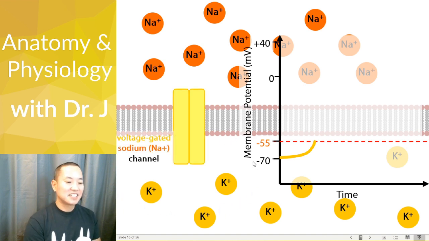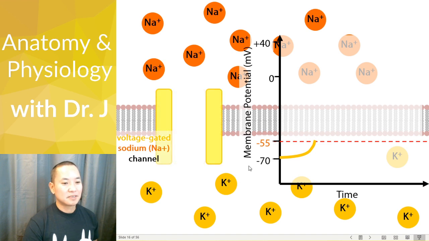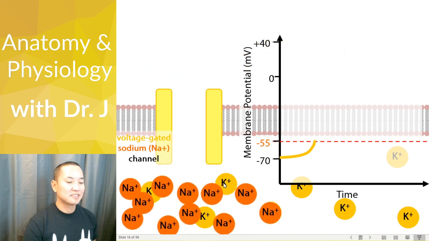And voltage gated sodium channels, these open once you reach this membrane potential here. So once these open, which way does the sodium go? Again, in terms of concentrations, things move from high to low concentrations. The sodium is more concentrated on the outside in the extracellular fluid, less so on the inside. The sodium will now flow into the cell.